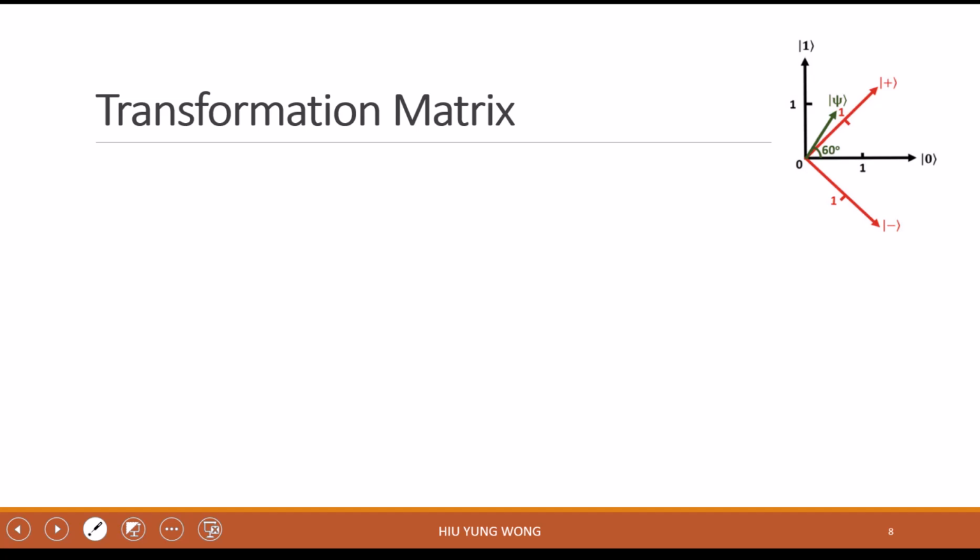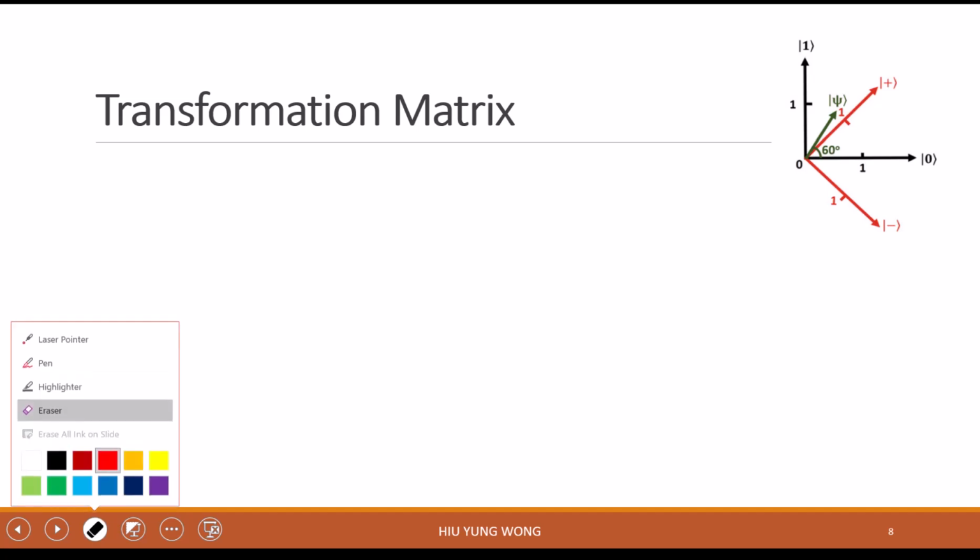Okay, the last topic of this linear algebra preliminary is about the transformation matrix. I just talked about transformation. But now the point is this. Let's say I have an O basis.